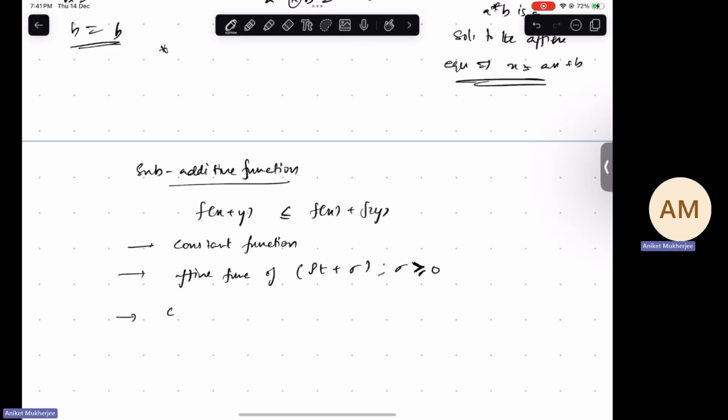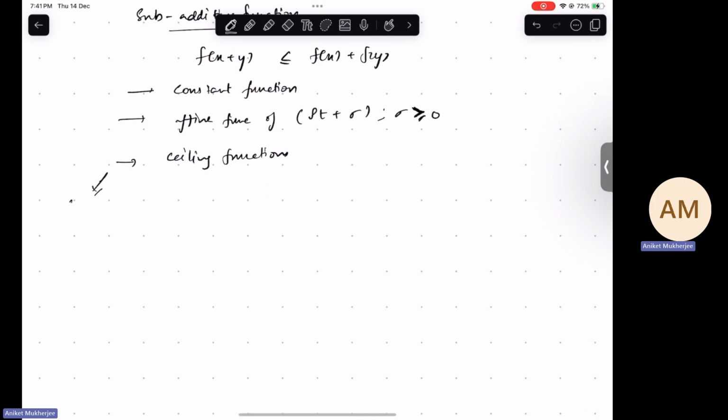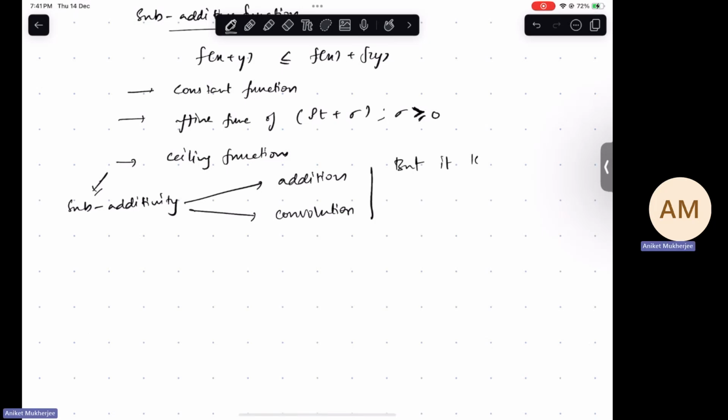Okay, next we have ceiling functions. We saw that the subadditive property is closed under addition and convolution, but is not closed under minimum.